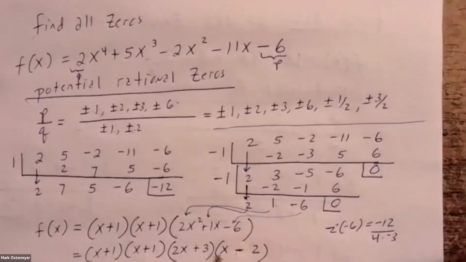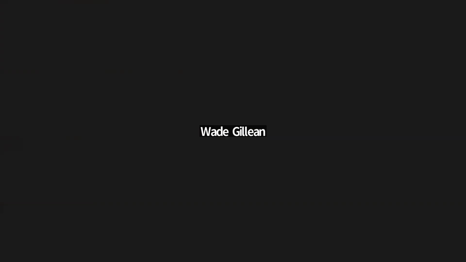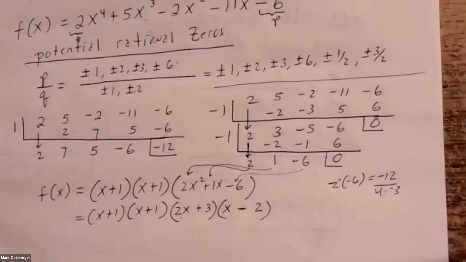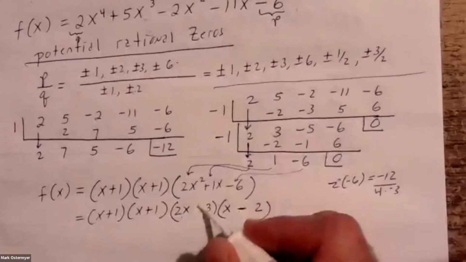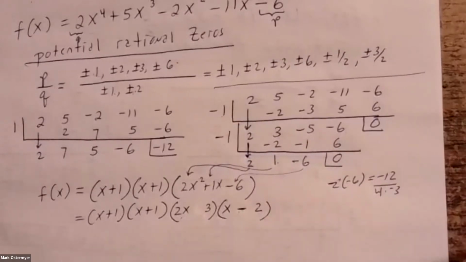Let's see if it works. 2x squared minus 4x plus 3x. Oh, that would give me a minus 1x. I needed a plus 1x. So what do I got to do here? It would be 2x minus 3 and x plus 2. We just got to flip the signs, don't we? This has to become a minus, and this guy becomes a plus, and we got it.